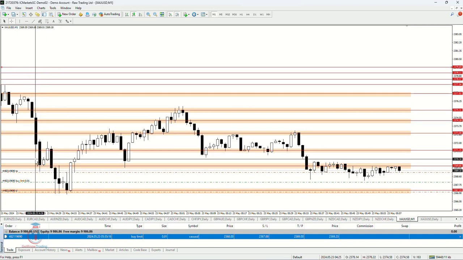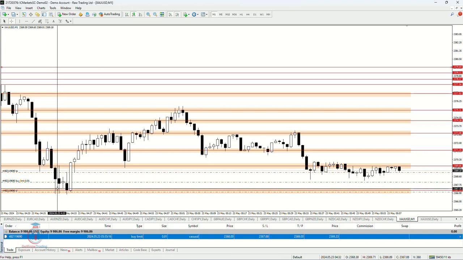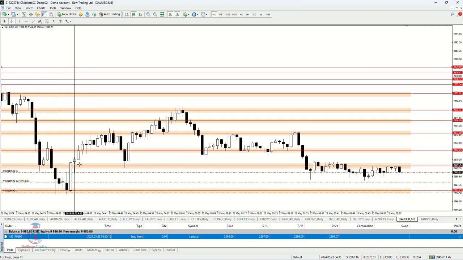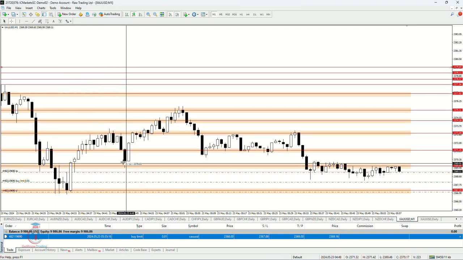Then the price goes down to the next support level, which is here. You activate the buy limit order, the stop loss would be here, the take profit would be here, and this would be a profitable trade. In this example here, when the price goes down, you are expecting that the price will bounce. You set a buy limit order, the price goes up and activates a take profit. It did not activate a stop loss.